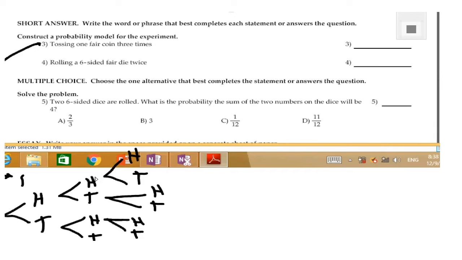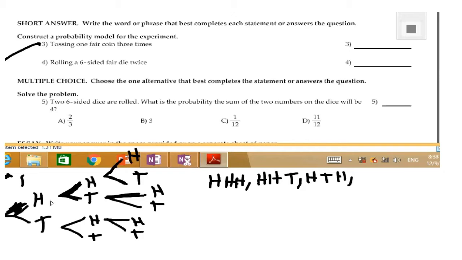So I can have head, head, head in the first 3 throwings, or head, head, tail, or head, tail, head, right?